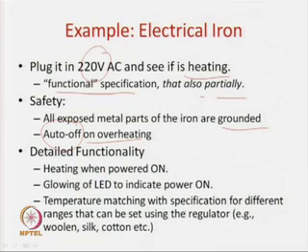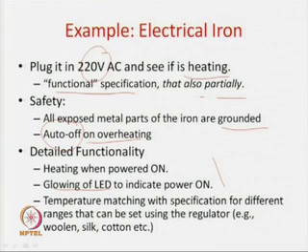Along with that you also have to test, if I am going for a detailed functionality test, that the LED is properly working or not, that whenever the heater is on and it is heating, then the LED should be powered on. Whenever it reaches, for example, some degree centigrade, the heating is off, then the LED should be off, and so forth. So, this is another part of the testing.